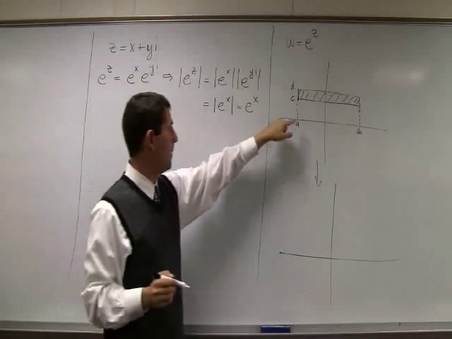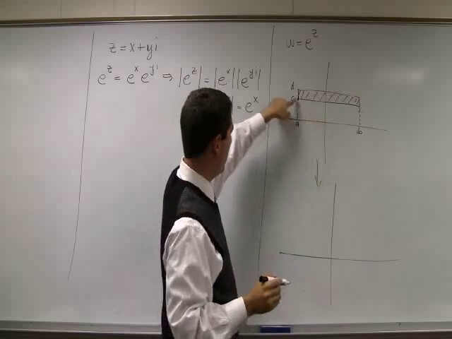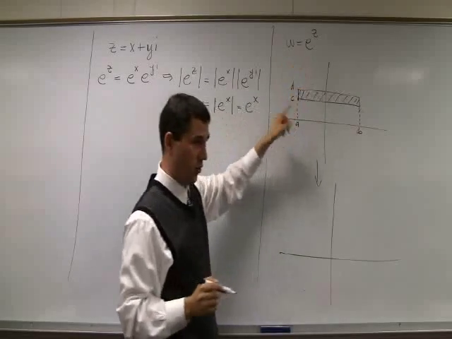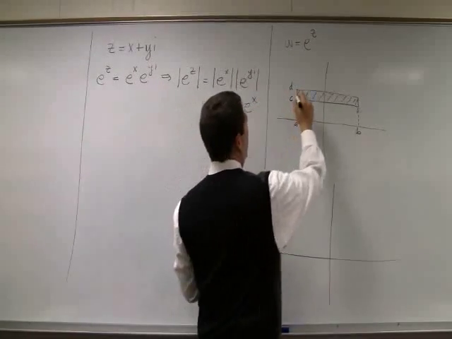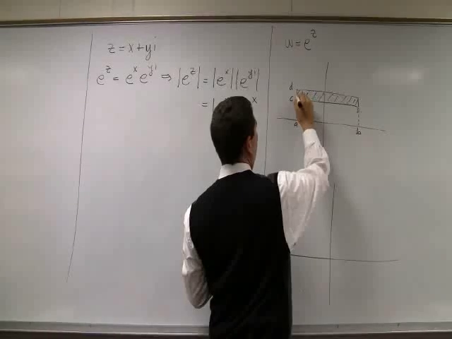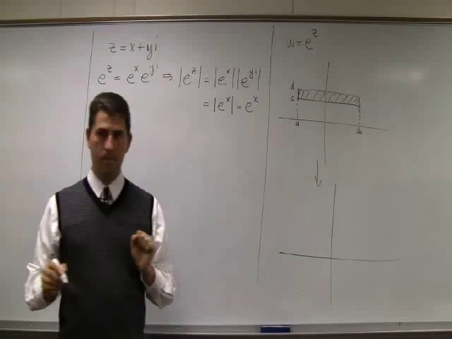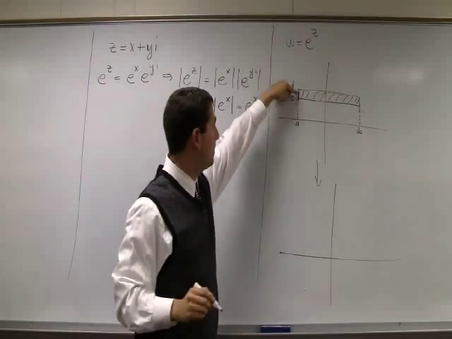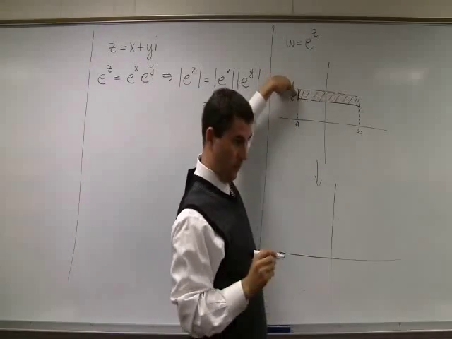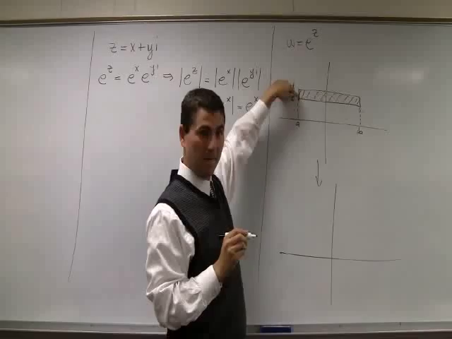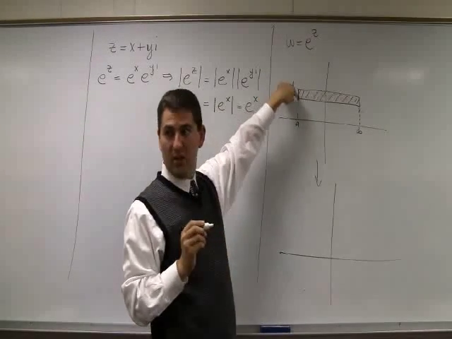Not the norm of this point here, but actually under this transformation, the norm will be e to the a. And what if I move up along this line? What happens to the norm? It's bigger? Not the norm of this point, but the norm of e to this point. It stays the same. It actually stays the same.